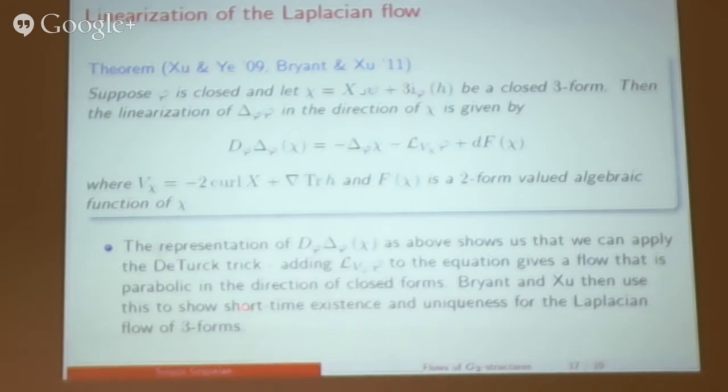But what's possible to do is apply the same kind of thing that's used for Ricci flow: we add back the Lie derivative term, and then argue that we can relate solutions of this modified flow to solutions of the original flow via diffeomorphisms. That's a standard way of handling this kind of thing.